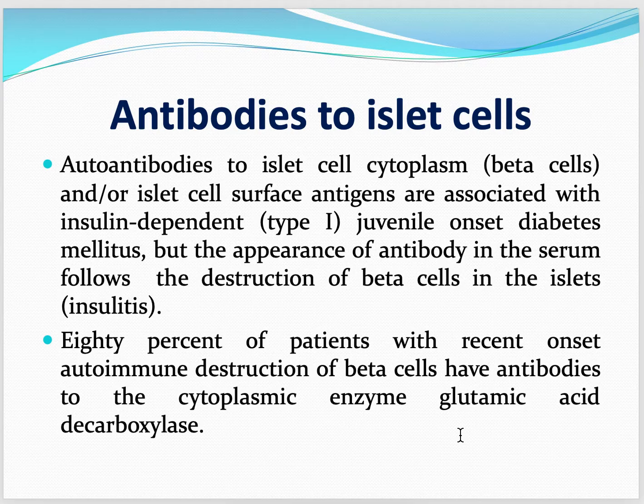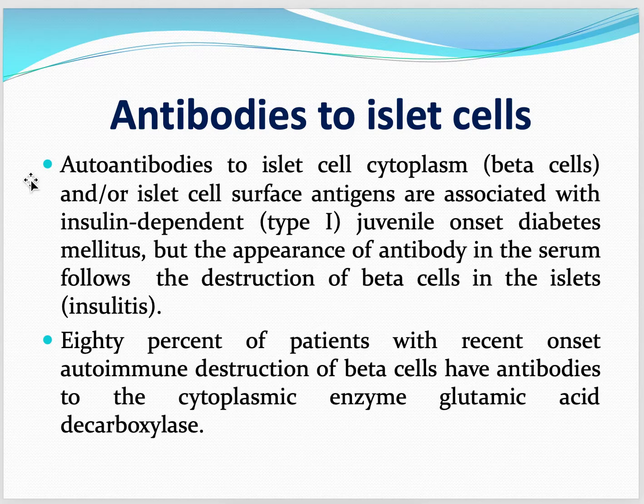For example, here it is said that there is an enzyme, glutamic acid decarboxylase, which is expressed by the islet cells. That means you can find this enzyme in the islet cells, and autoantibodies can be induced against it, react with it and eventually cause destruction of the islet cells.